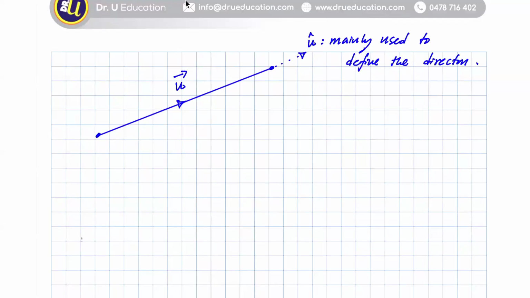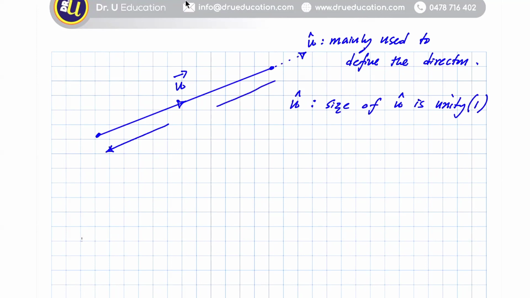Now we'll investigate this u hat. U hat is a unit vector. The size of u hat is unity. Unity means 1, right? So how much is the size of this arrow?